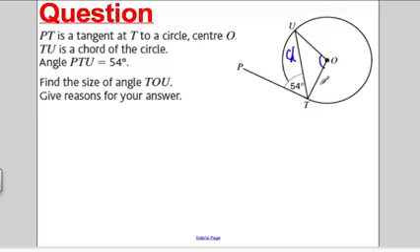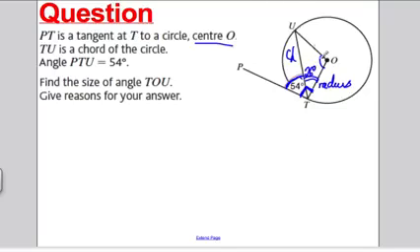Now, TO is obviously a radius, because it's a line from the centre O, it tells us the centre is O, to the edge of the circle. When a tangent meets a radius, the whole angle is 90 degrees. Now if that whole angle is 90 and just this part of it is 54, this must mean that this angle here is equal to 26 degrees.